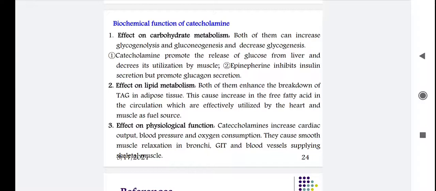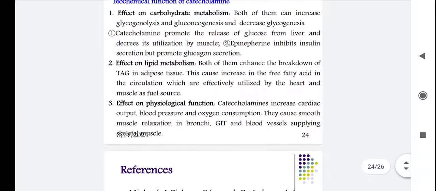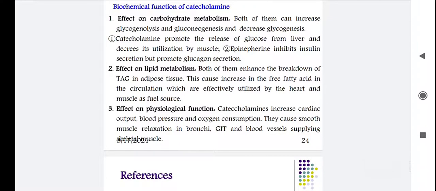So they increase blood glucose. Catecholamines promote the release of glucose from the liver and decrease its utilization by the muscle. Epinephrine inhibits insulin secretion but promotes glucagon secretion. So we can summarize that the catecholamines increase the blood glucose level.